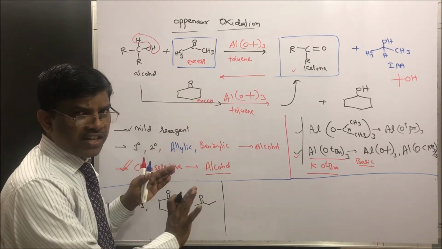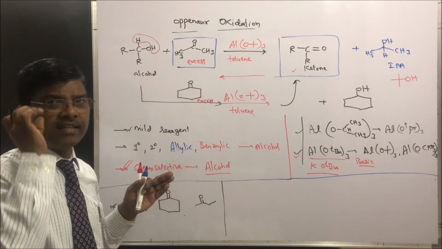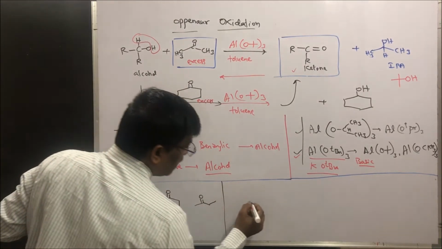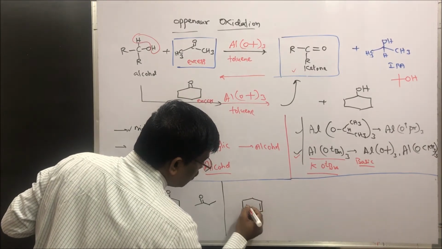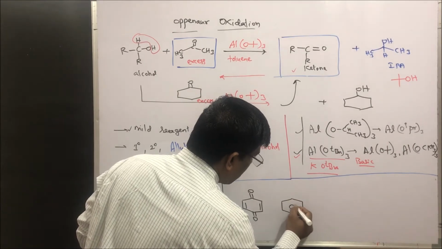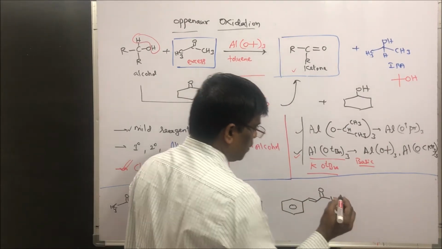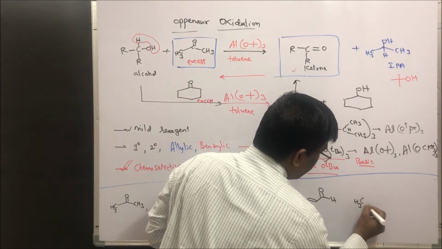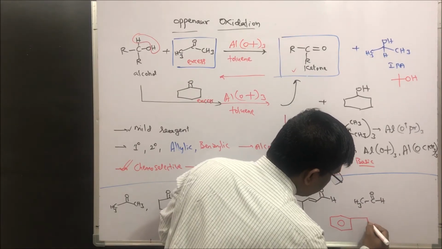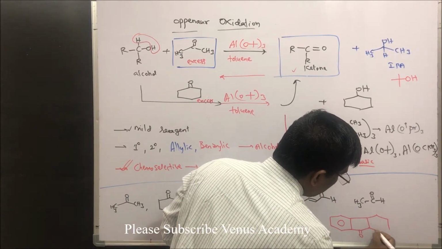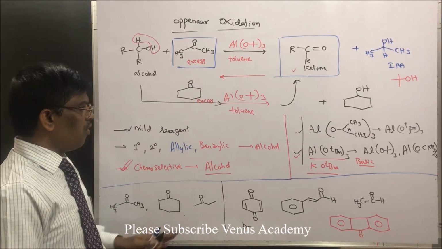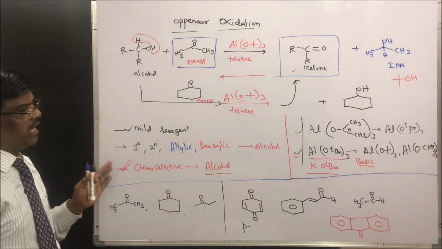To push this reaction forward with primary alcohols, you can use easily hydrogen-accepting compounds, such as parabenzoquinone, or cinnamaldehyde, or even acetaldehyde. Fluorenone is a very important reagent, which is a ketone. So fluorenone easily accepts hydrogen.